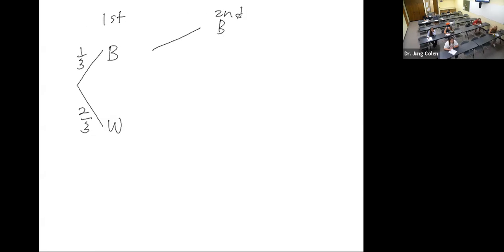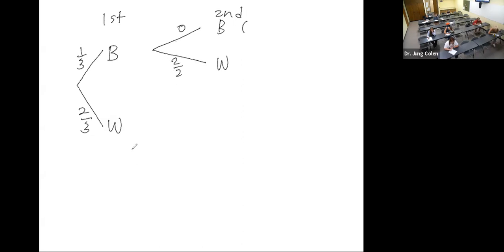So once you take out the black ball, there's no more black. So to get a black ball, it's 0, right? It's impossible to get black once it is drawn from the first draw. How about to get a white ball? How many balls are left once your black ball is out? Just 2 are left, and how many are white? 2 are white.